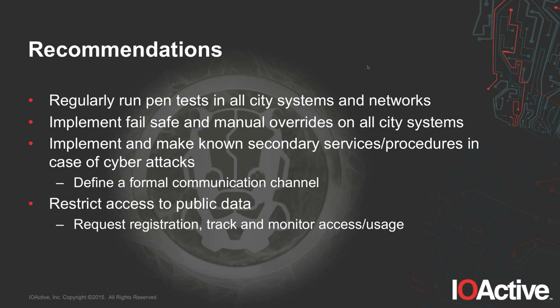And with respect to public data, like I said, I think it's good to share data, but it should be restricted and monitored in some way. For instance, request registration in order to access the data, track the use of the data, monitor how it's used, when, etc.